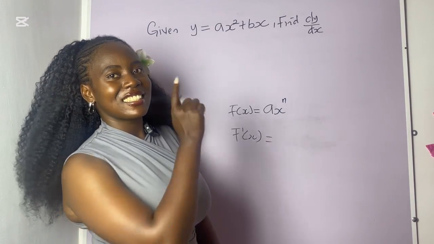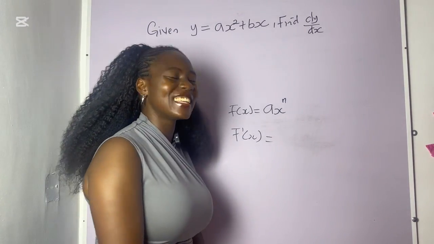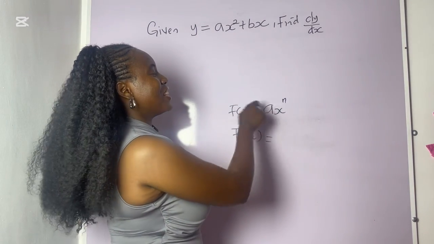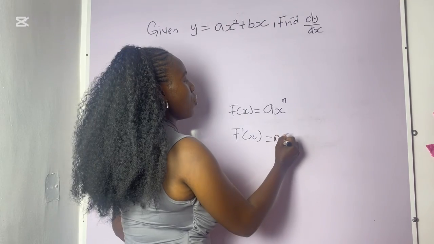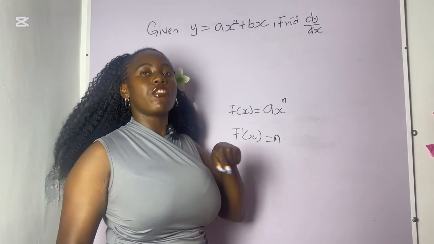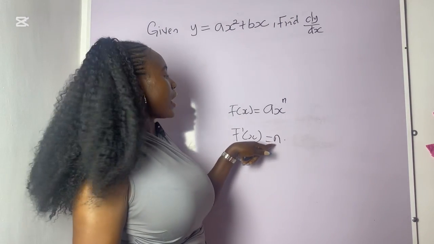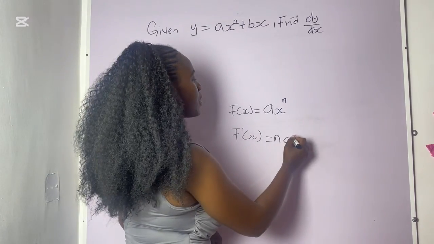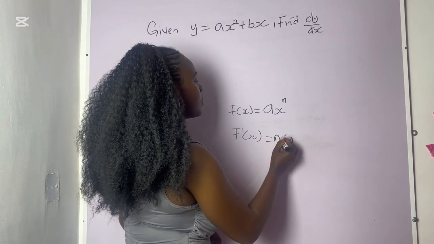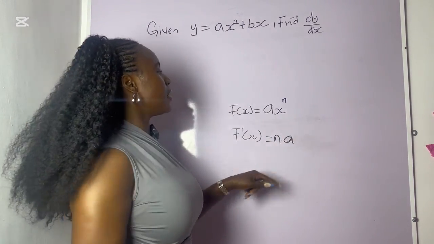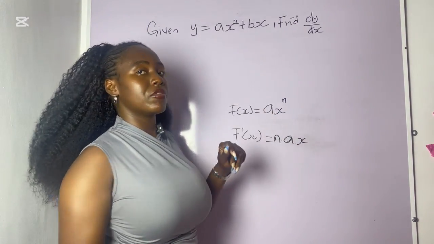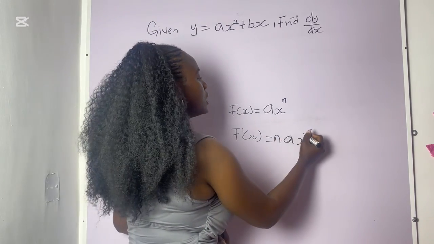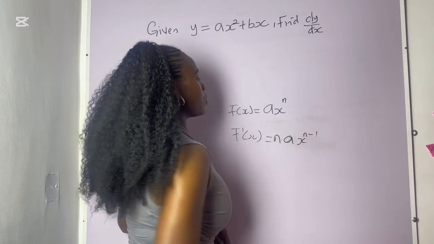So now we're going to have the power of the variable, which is n. n will come down and multiply the coefficient of the variable, which is a. So n times a, then the variable itself, x, then you subtract 1 from the power of the variable, which is x to the power of n minus 1.